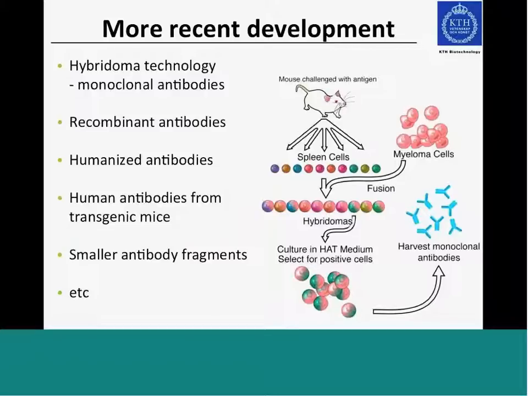Antibodies can also be produced by recombinant means. They may be humanized. If you have the gene for the antibody, it can be combined with human genes, so that the part of the antibody having an animal origin is smaller. And now it's also possible to get antibodies from transgenic mice carrying genes from humans.